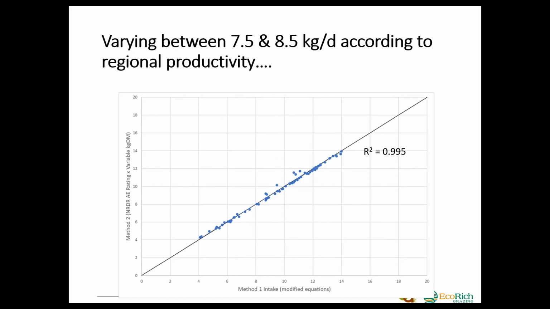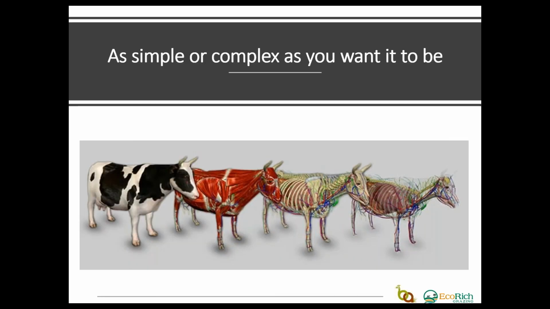But per head, and we'll cover this a bit more, the animals on the better quality pasture will eat more overall, and that'll be reflected in their better productivity. But it's just per AE, so it's how much dry matter is required for a given amount of energy. That is an important concept to wrap your head around.